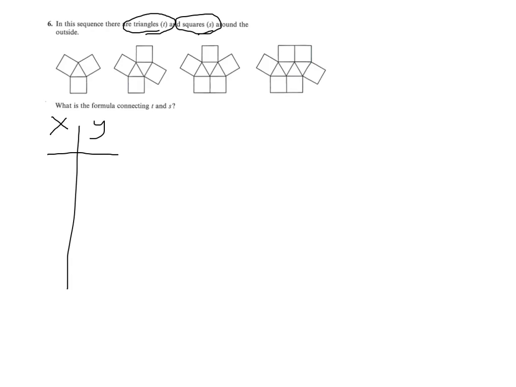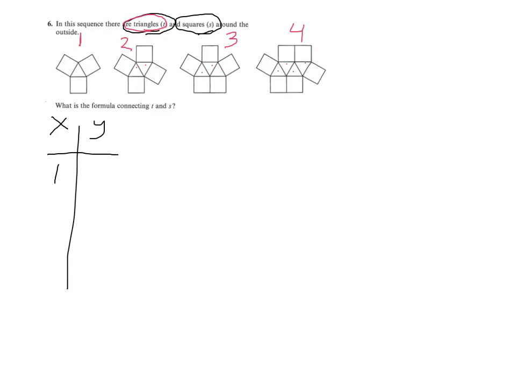Let's count each one. I'll do our triangles in red. The number of triangles in this first one is 1. In the second one, 1, 2. In the third one, 1, 2, 3. So this is probably going to be our x because it goes 1, 2, 3, and the next one goes 4. So I'm going to put that as x.